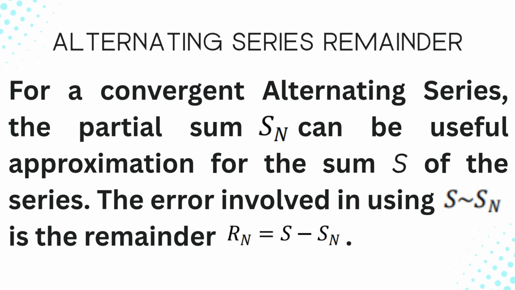We have the alternating series remainder. For a convergent alternating series, the partial sum S sub n can be a useful approximation for the sum S of the series. The error involved in using S approximately S sub n is the remainder R sub n, which is equal to S minus S sub n.